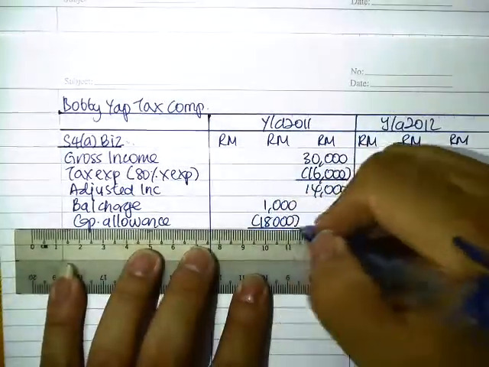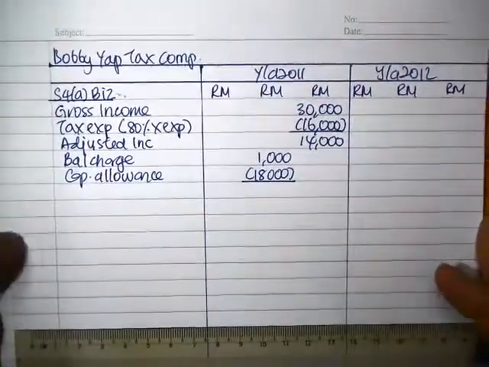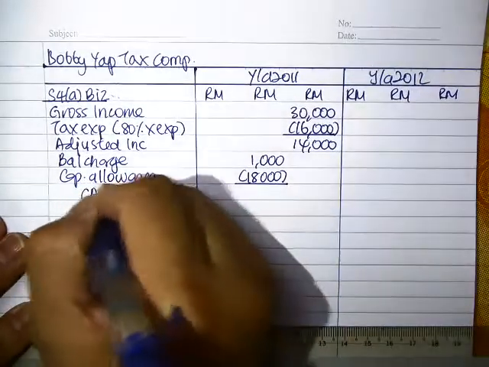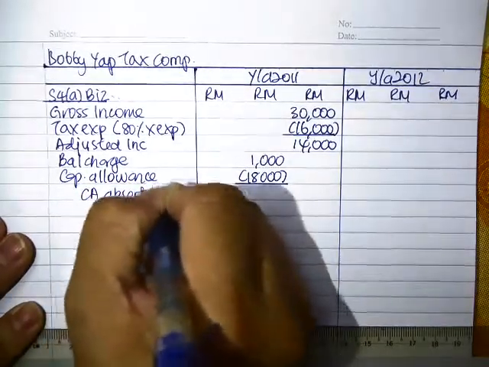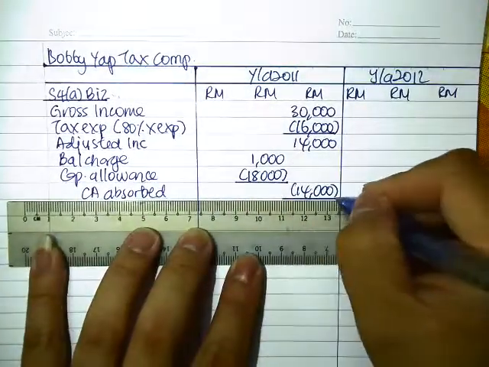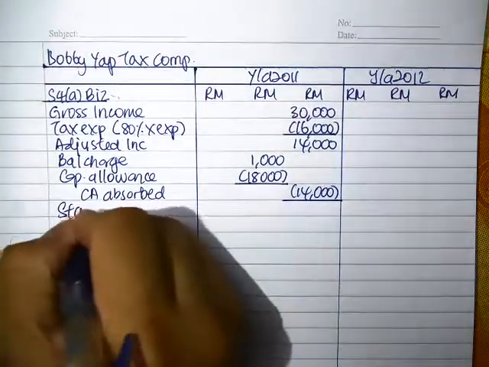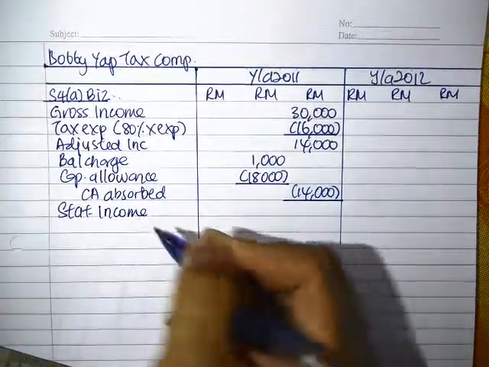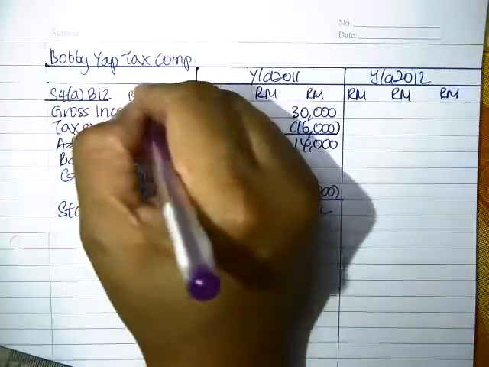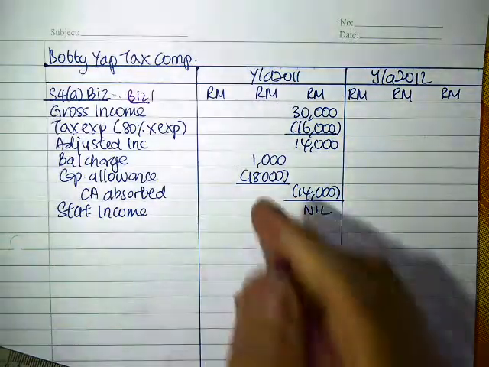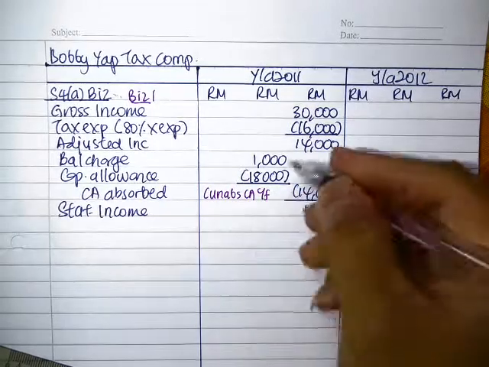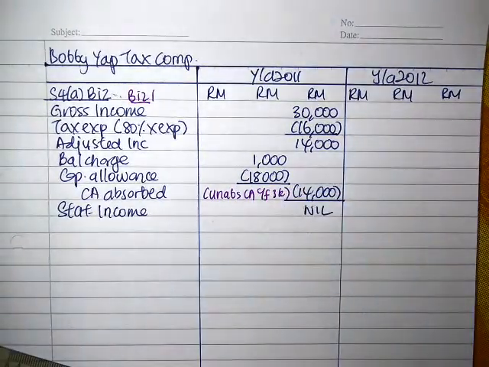So with plus 1 minus 18, you're going to get minus 17. But you have insufficient income, so the CA absorbed will just be 14,000. Our statutory income for business 1 is nil. This will bring us an unabsorbed CA carry forward of 3k.